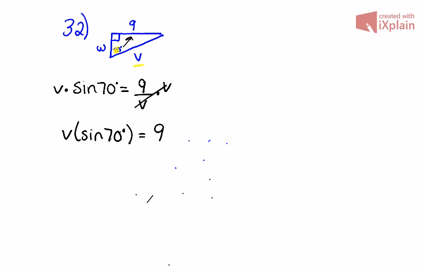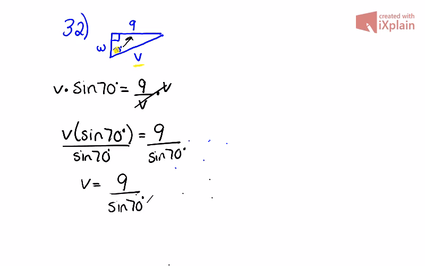And then in order to finish getting V by itself, I need to divide both sides by the sine of 70 degrees. And I get V is equal to 9 over the sine of 70 degrees, which when you put that into your calculator, you get about 9.6 for V.